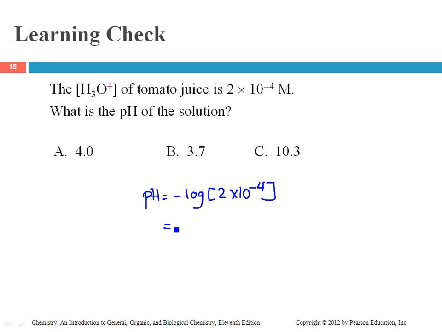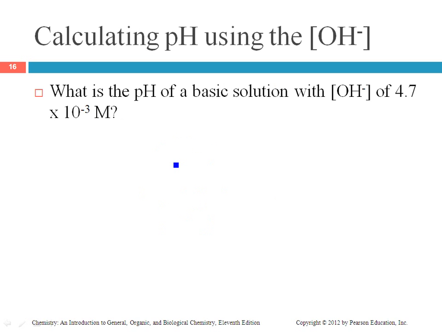We get 3.7, which rounds up to 3.7. So we have one number after our decimal place.